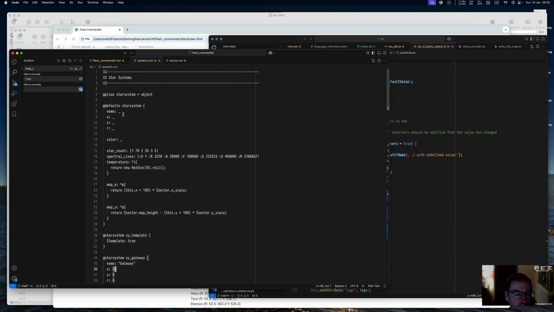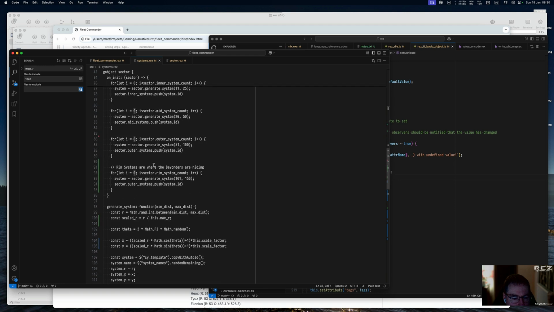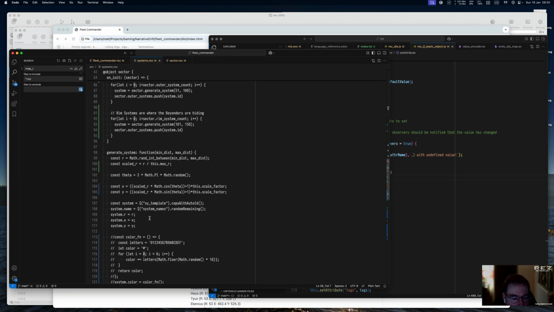Yes, right, I remember why I had X and Y now. These were designed to allow us to calculate the distance between systems. So in fact, actually, this becomes right. Yeah. Okay.